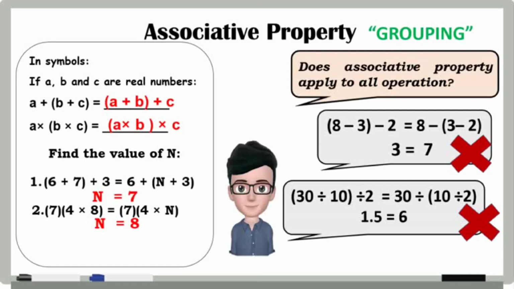Therefore, associative property cannot be applied to division. So, napakahalaga ng positioning ng parentheses when we are subtracting and we are dividing because it could change the result. Unlike in addition and in multiplication, if you have a series of addition or puro add, and if you have a series of multiplication or puro multiply, you can always regroup them and the result will not change.